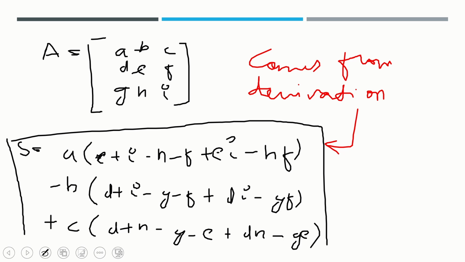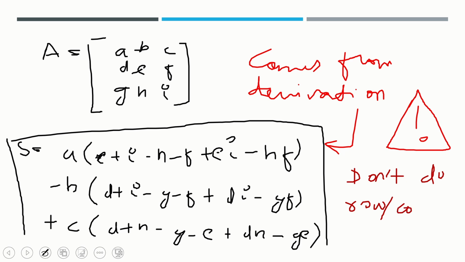There is an application of it, but keep in mind one alert I want to give you. Don't do row or column operation.